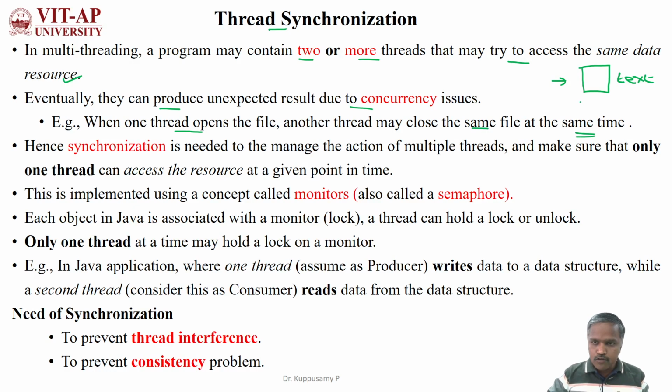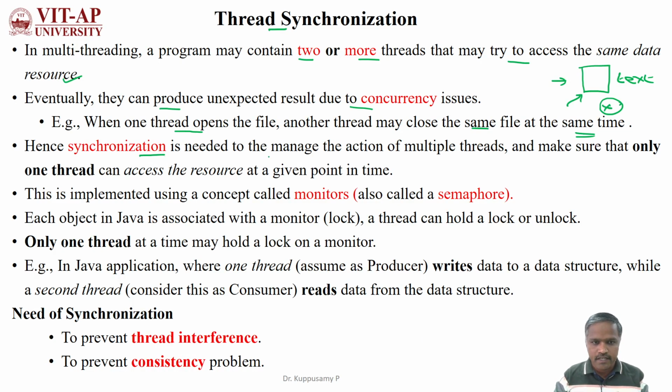So the user cannot open the file and read the data, because once you open the file, within microseconds another thread will try to close it. So the user is unable to read the data from that particular text file. So we need some mechanism to avoid that situation by using the synchronization concept.